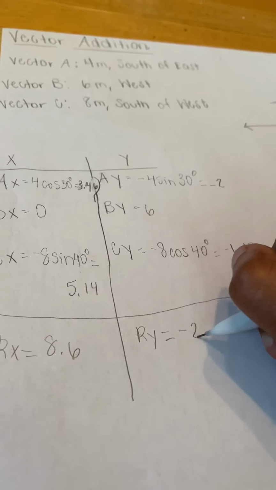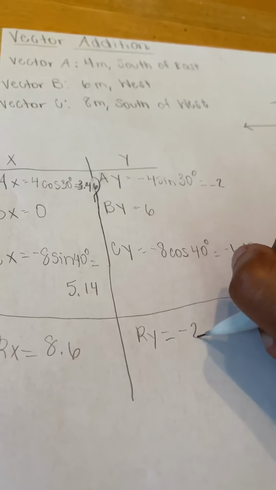And so to find the magnitude, you would do the equation of r equals the square root of rx squared plus ry squared.